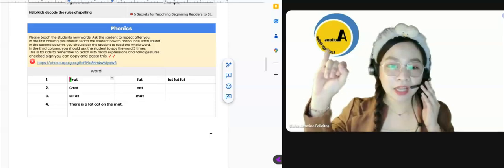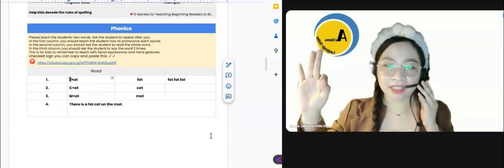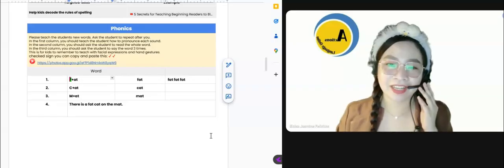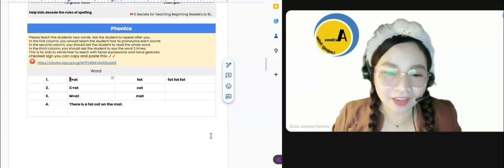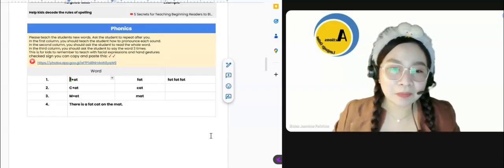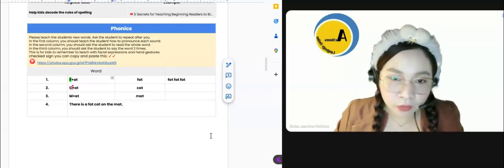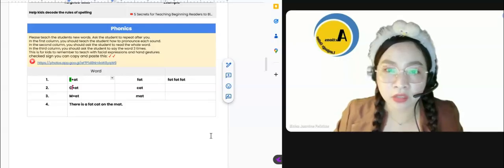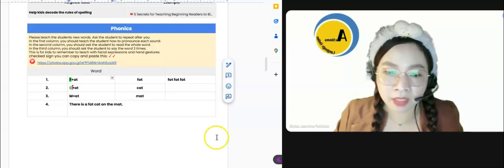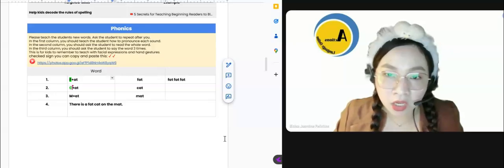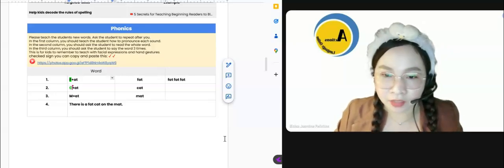Cat, cat, cat. Okay, now your turn. All right, very good. So, let me just highlight this letter C here. So it's actually something that you'll need to remember. Let me just highlight here in green. Okay, I think that's all right.